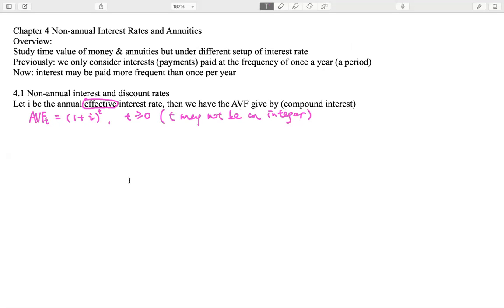Now let's consider a special case. Usually we let p be an integer, of course a positive integer.